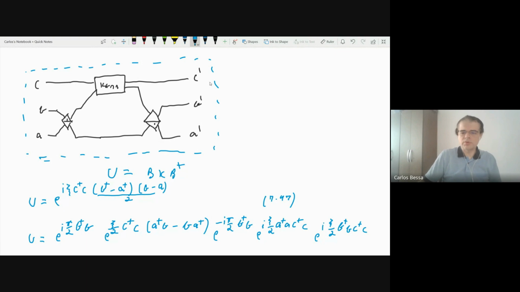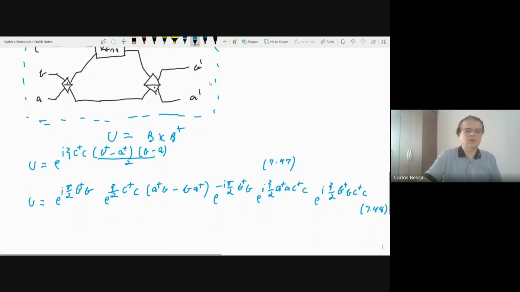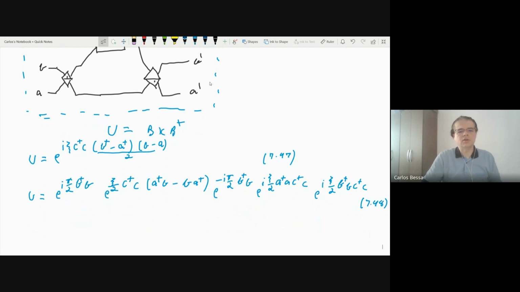So I think we stopped here in the last lecture. The details of how to find this you can check in the slides from the last lecture.